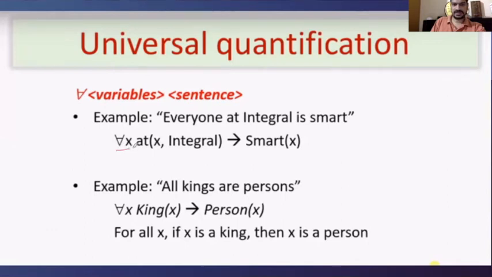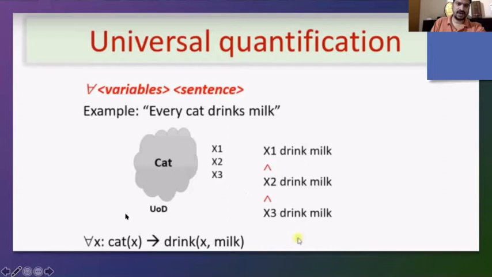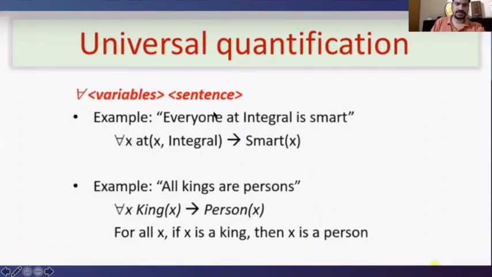For all x, if x is at integral, then x is smart. In the same way, for all x, if x is a cat, then x drinks milk.